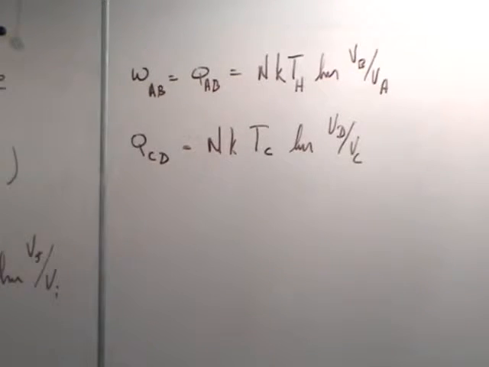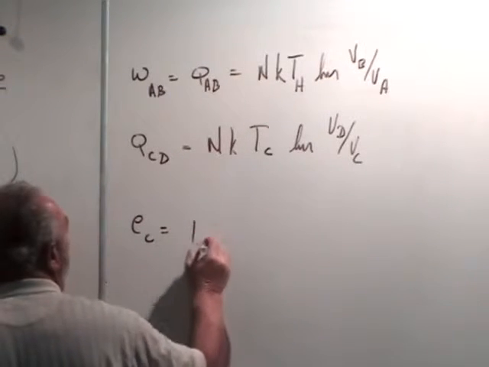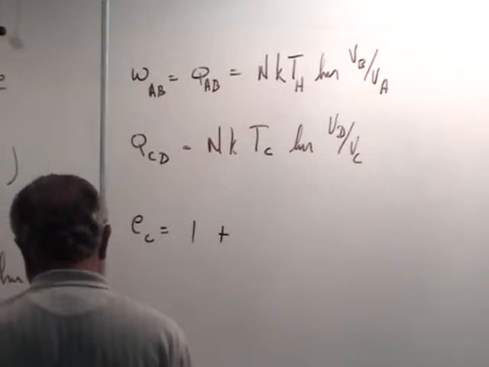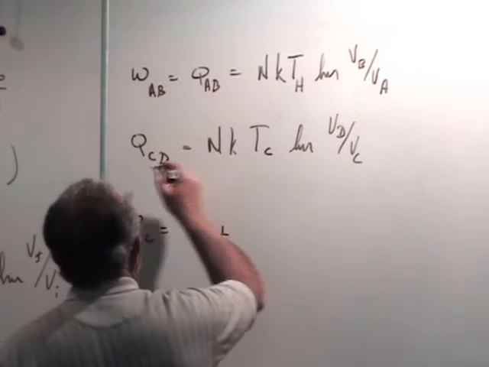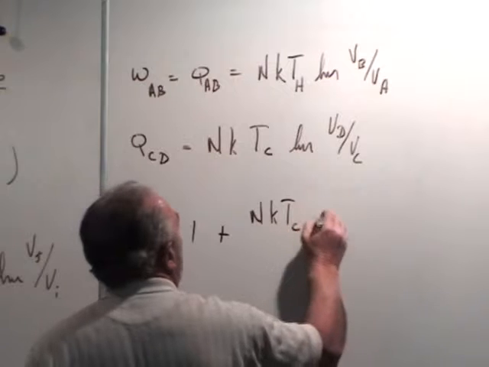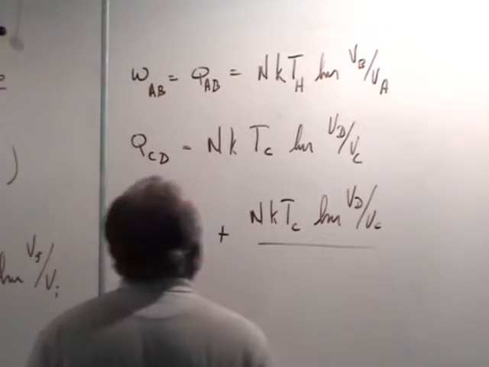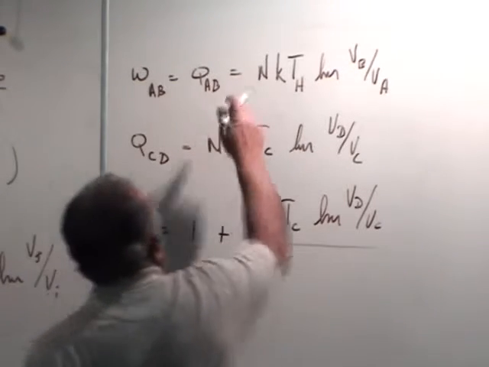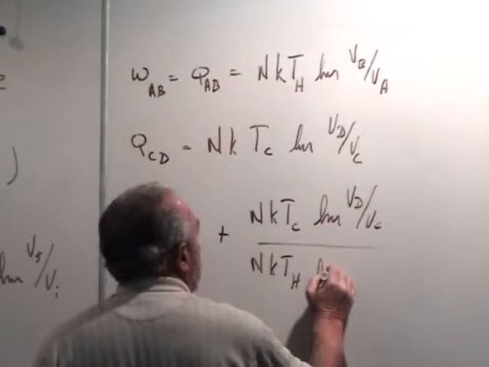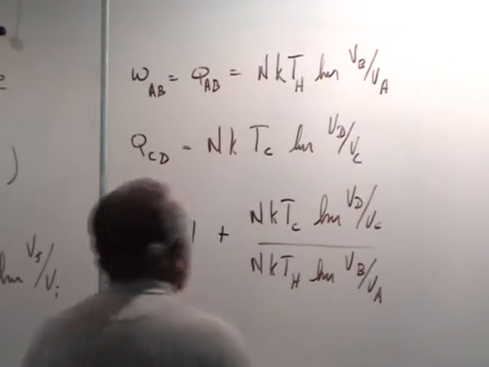What we have is that the Carnot efficiency, E Carnot, is going to be 1 plus Q out. Q out is the one we just calculated here, where the heat is rejected: NK T cold ln VD over VC, divided by Q in, which is the upper one there, NK T hot ln VB over VA.